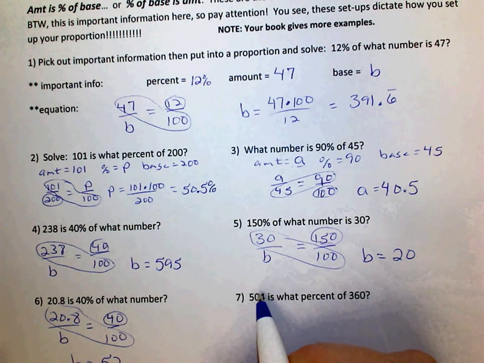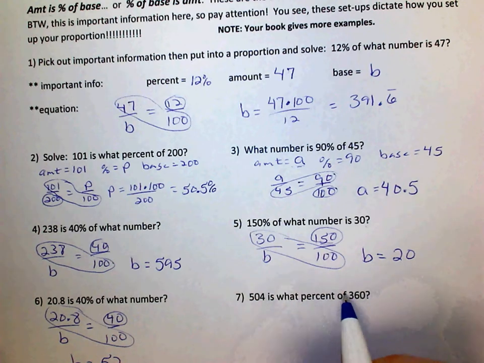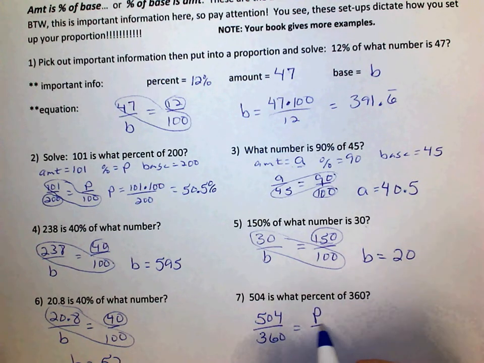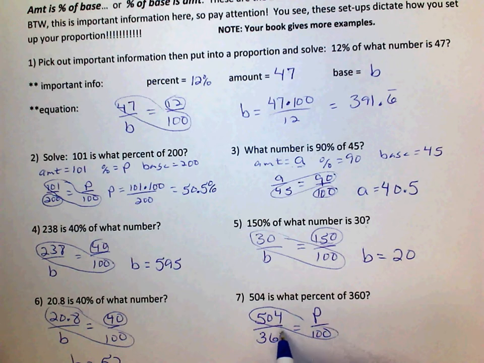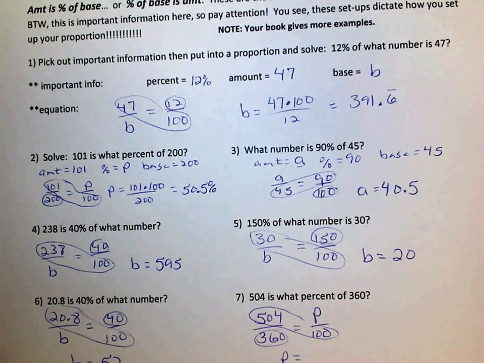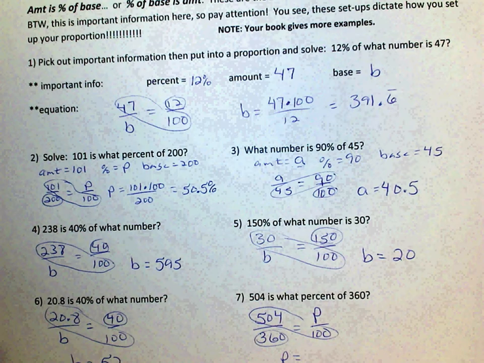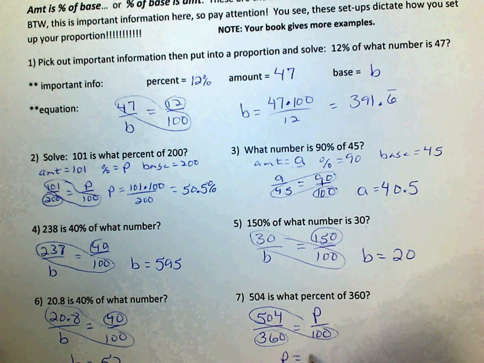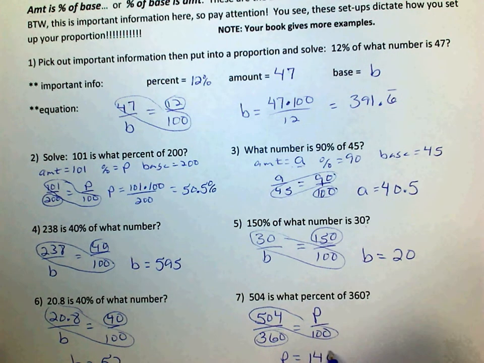Amount is percent of base. Amount, base, and we don't have the percent, over 100. Times by these, divide by this. So 504 times 100, divide by 360, and that gives us a percent of 140%.